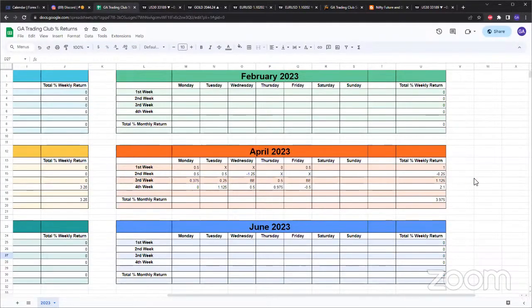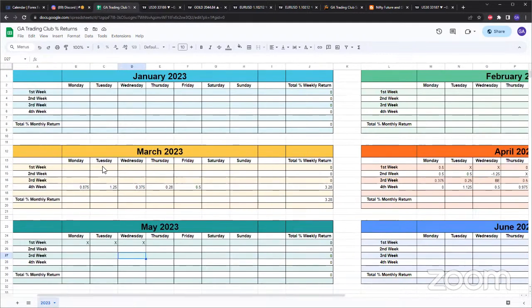So in the month of April, if you literally took every trade I took on the live session, you can see we had 1, 2, 3, 4 days with no live sessions. The days that have 0 mean we had a live session but did not take any trades. You can see 1, 2, 3, 4, 5, 6, so 6 days out of 20 we did not have any trades, but we still managed a 4% return.